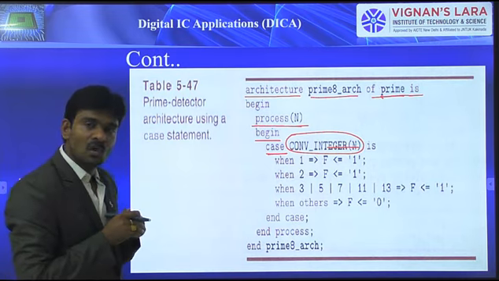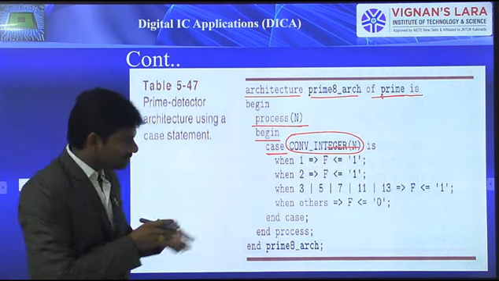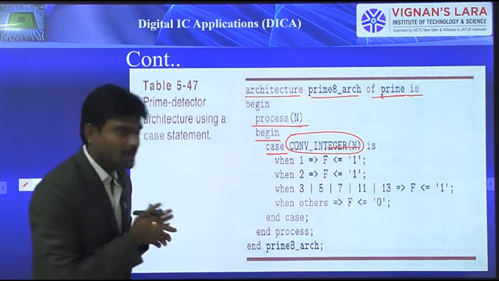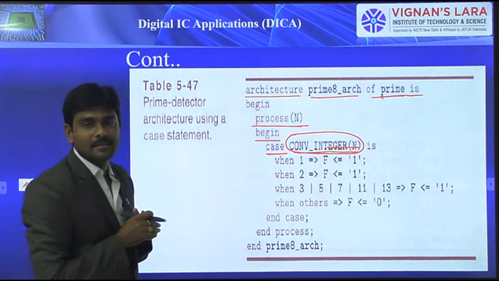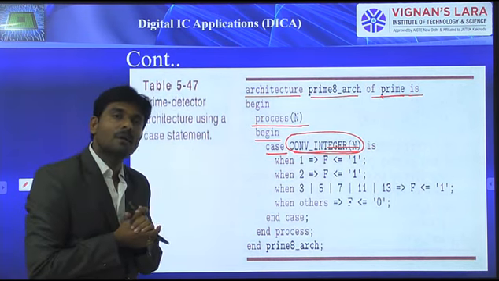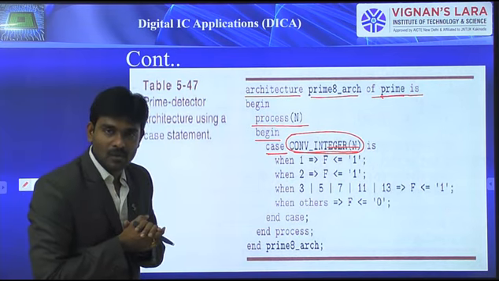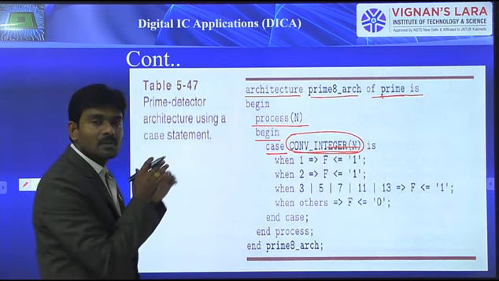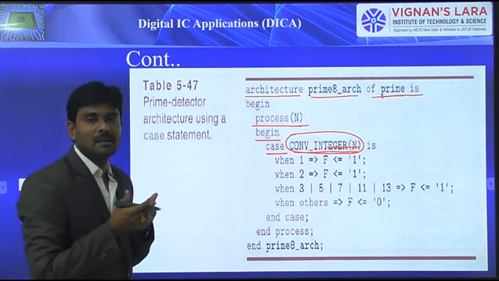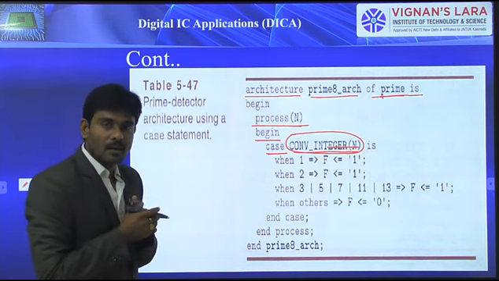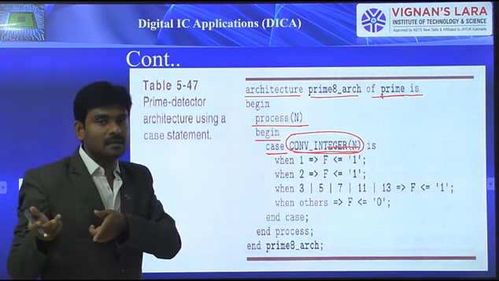So to overcome that complexity, here we developed a function. The function name itself is convert_integer, and within brackets we mentioned the formal parameters. What that particular function will do is convert std_logic_vector into an integer.